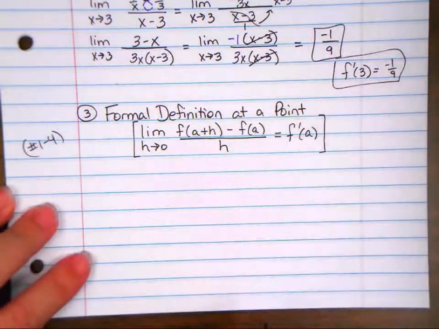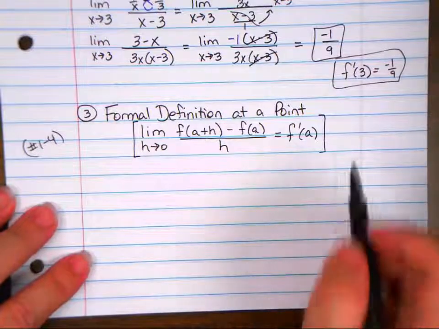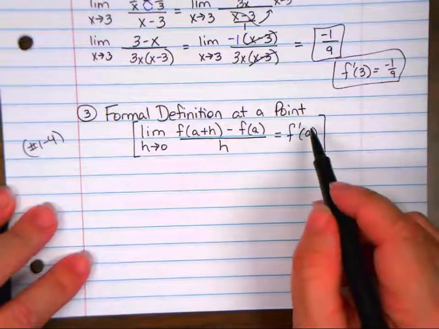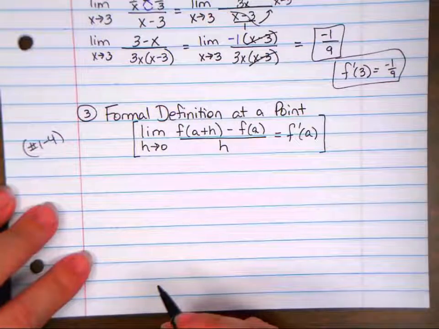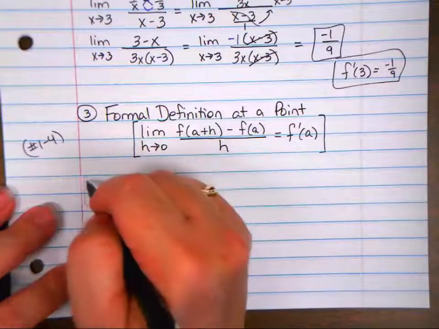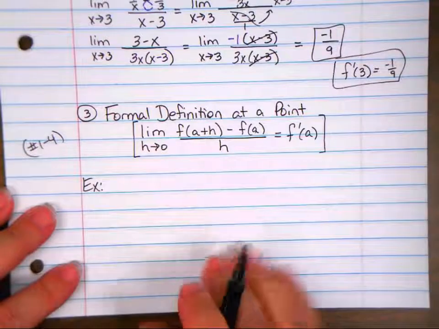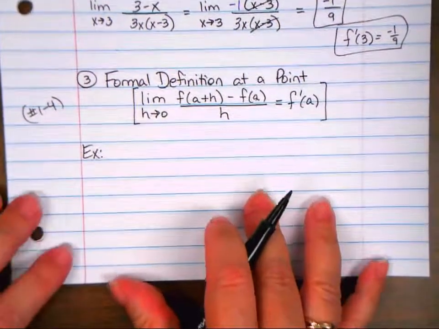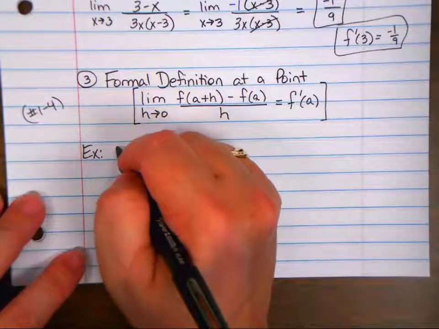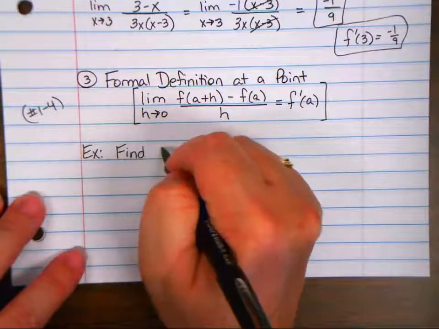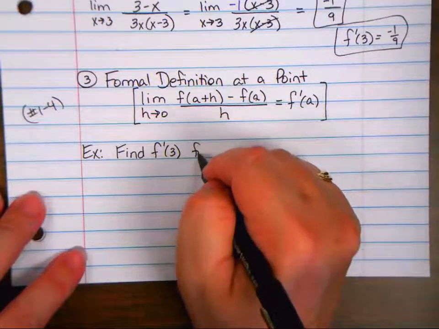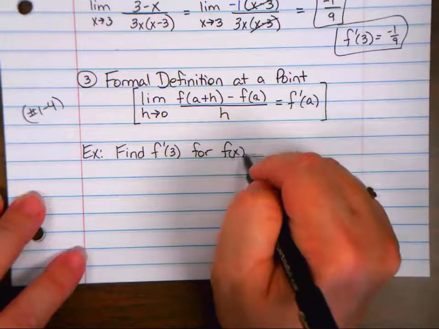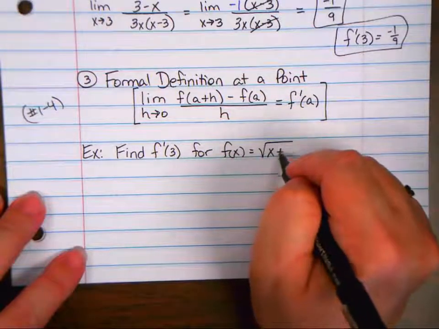Once again, just like number 2, you're going to be given a point in order to do this problem. That's why it's called at a point. So our final example, or the one that goes with this, says the following. Find f prime of 3 for f of x equals the square root of x plus 1.